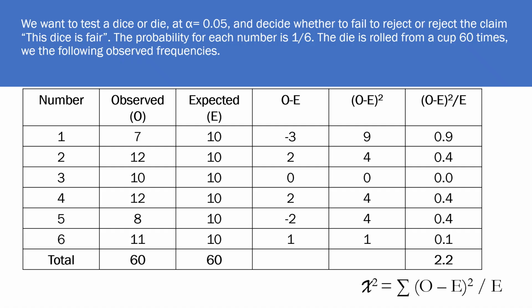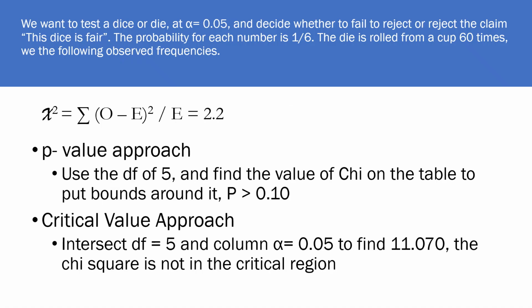So what we can do next is make a decision. So definitely grab your formula card and try to at least find your critical value approach. You want to intersect your DF, which we stated was 5, and the column 0.05. And when we do that, what we'll end up with is a critical value of 11.070.